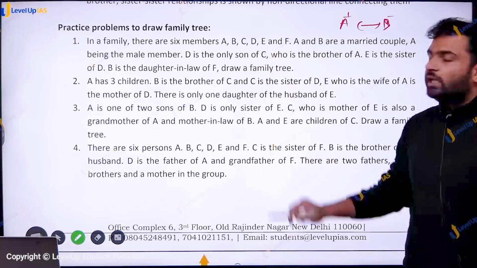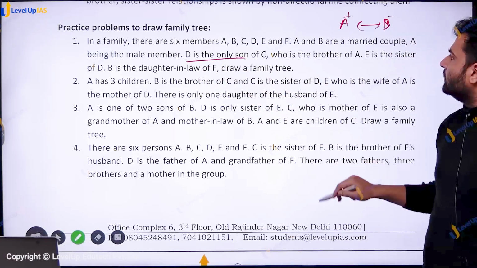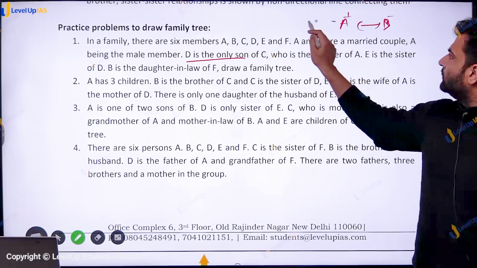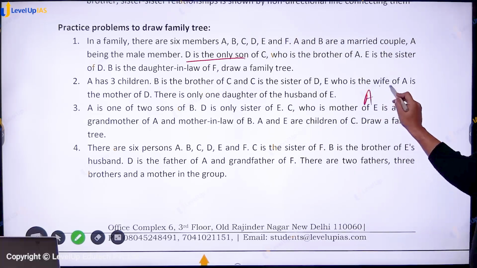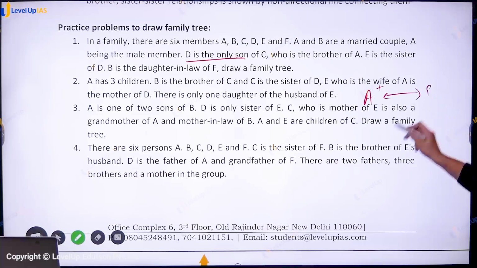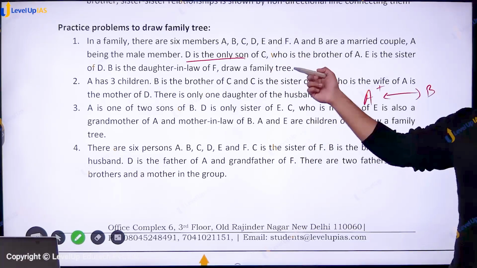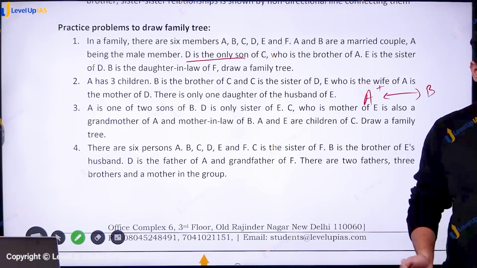D is the only son of C, and C is a brother of A. So we have something like this. We have A whose wife is B, then D is the son of C who is the brother of A. So who is the brother of A, D or C?